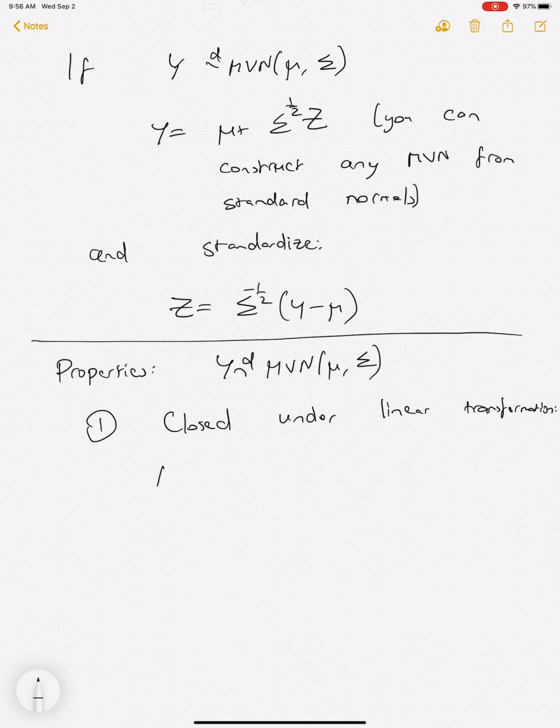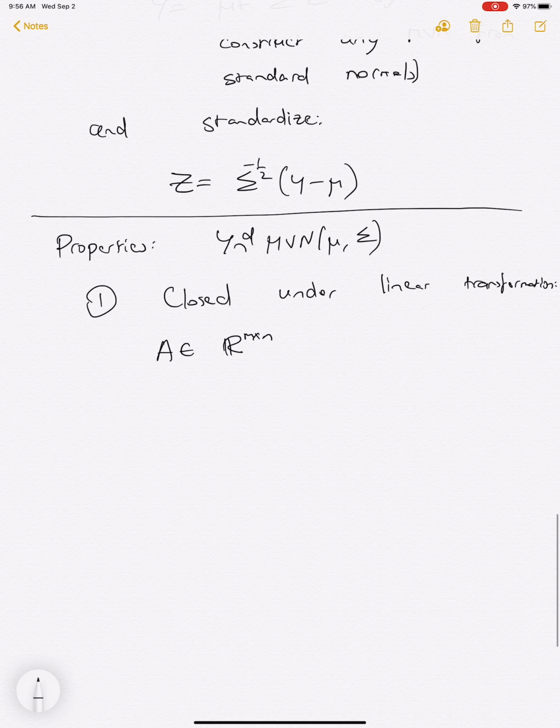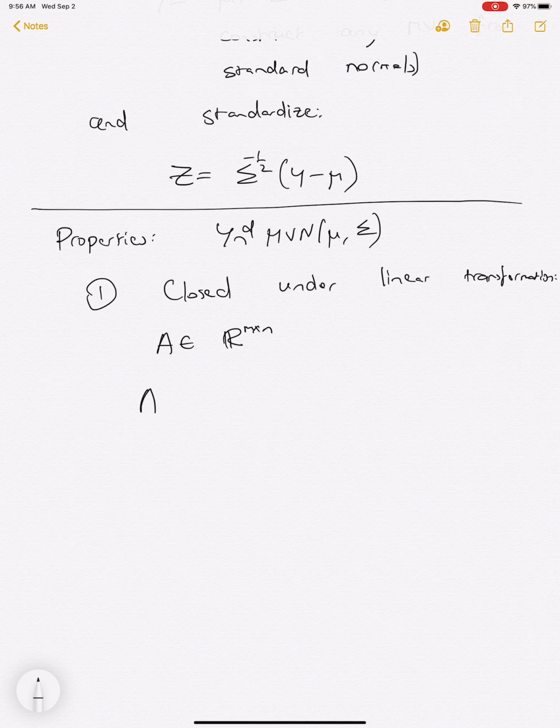Which is that if A is an m by n matrix, then we can say that AY is also going to be a multivariate normal distribution with mean A mu and variance A sigma A transpose. We're going to use this property today and throughout the course.